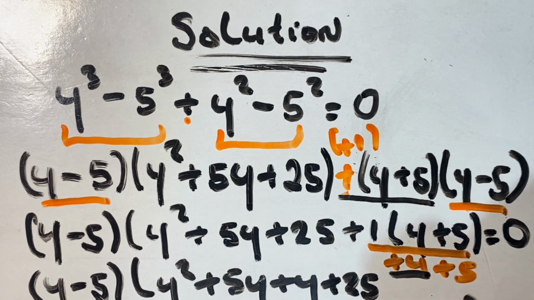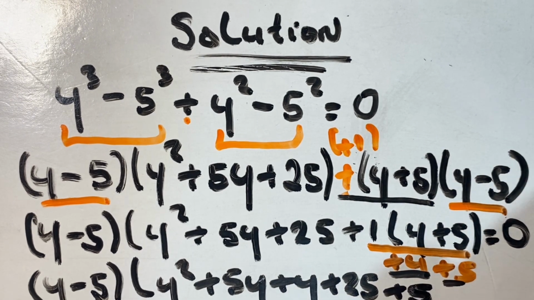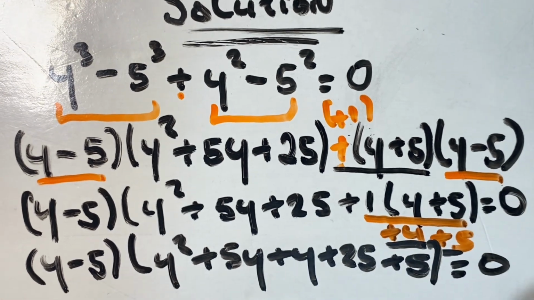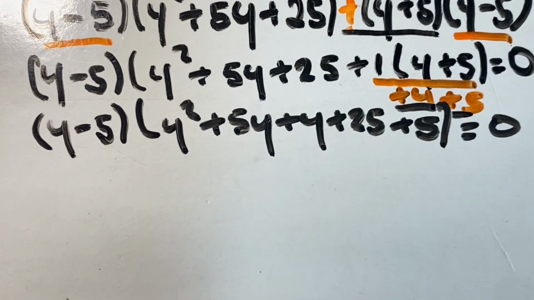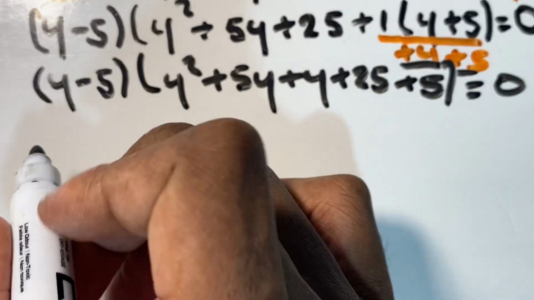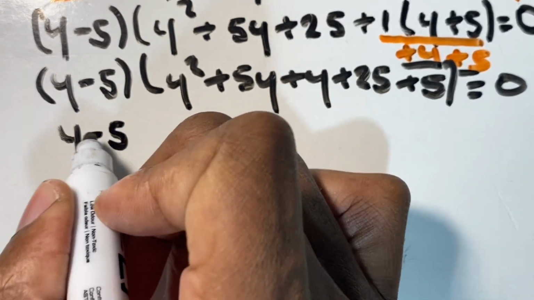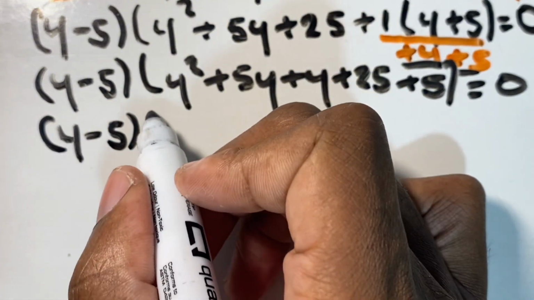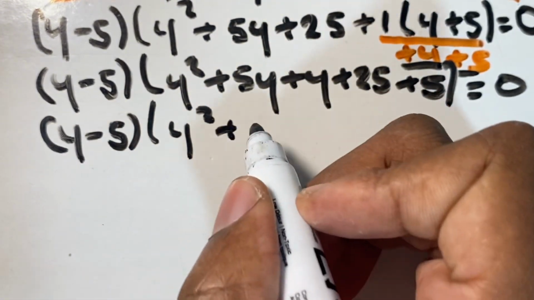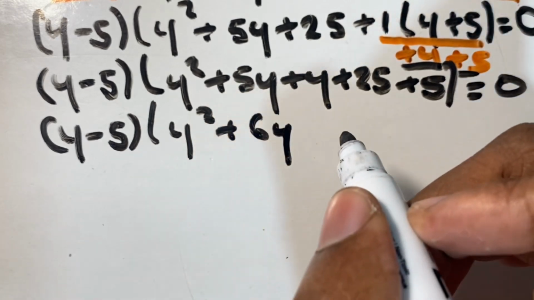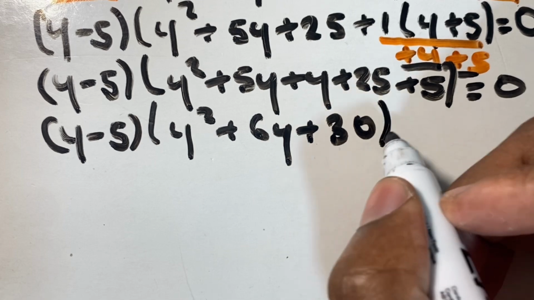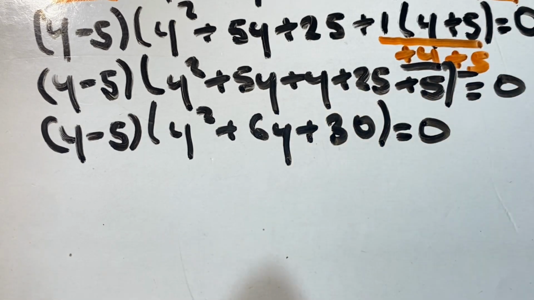And then we would close our bracket, and that's equal to 0. So just to add like terms, we have y minus 5 in one bracket, and in the other bracket we would have y squared plus 6y plus 30, as 25 plus 5 gives us 30. Close that bracket, is equal to 0.